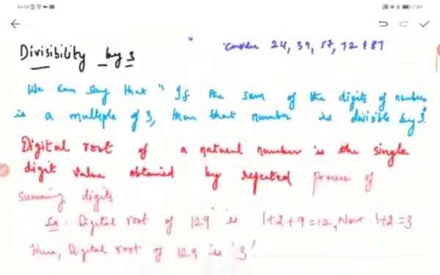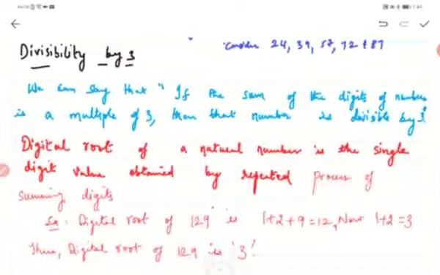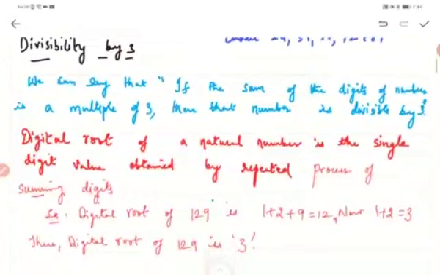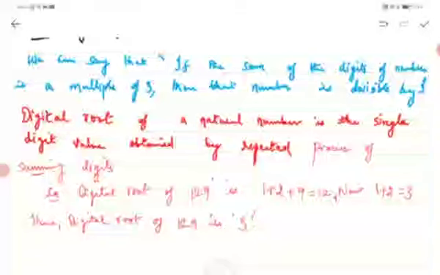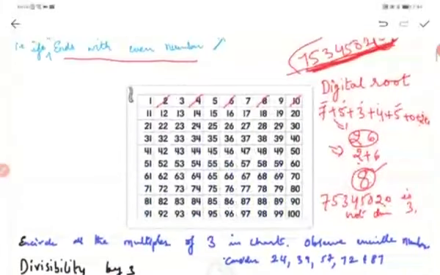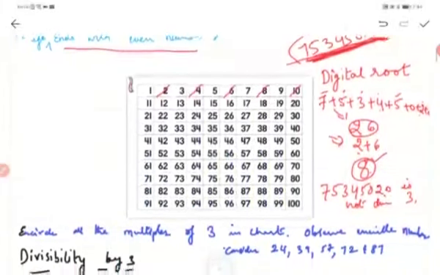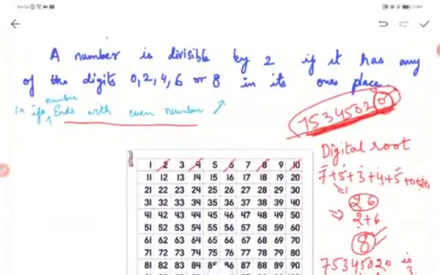So what is your digital root? By repeated addition, that is summing of digits, you are going to get a single digit. That particular digit you call the digital root. So the digital root of this number in this case is 8.